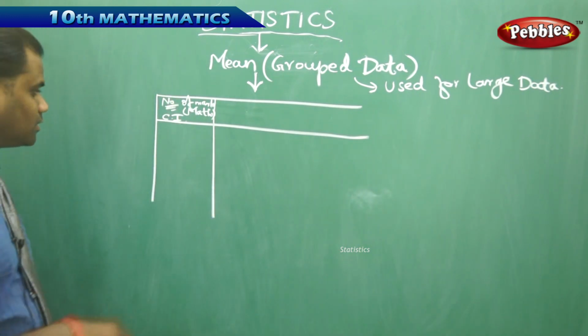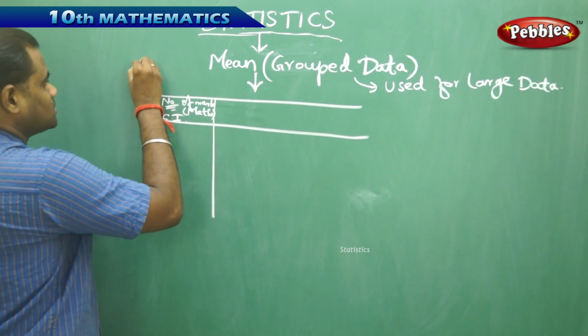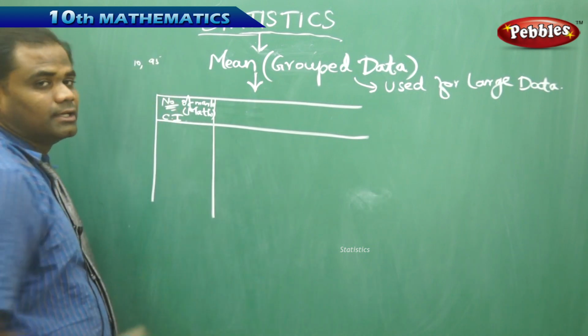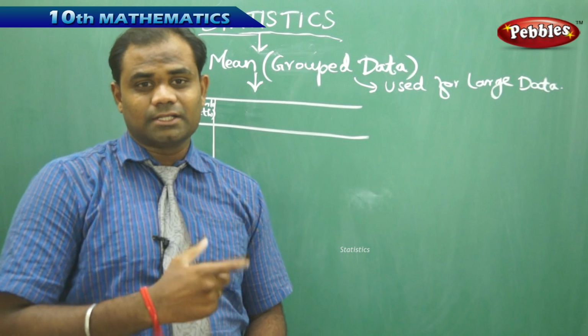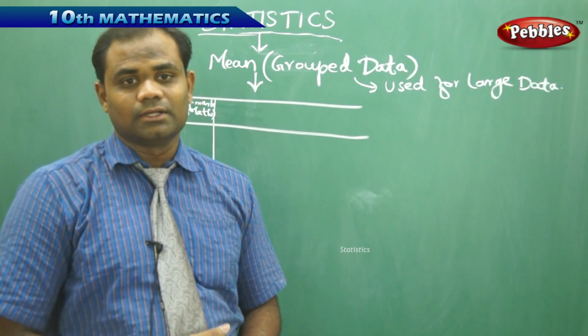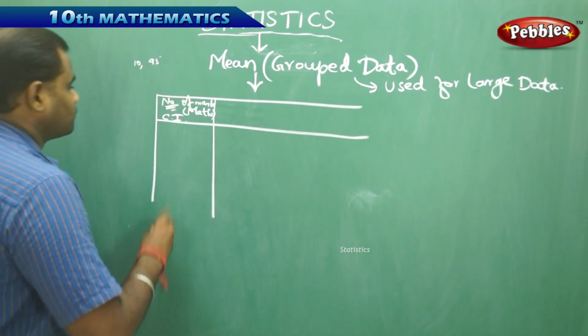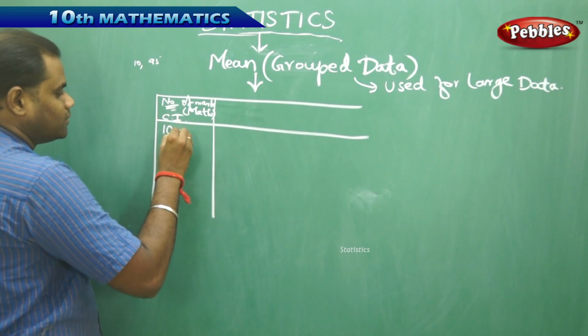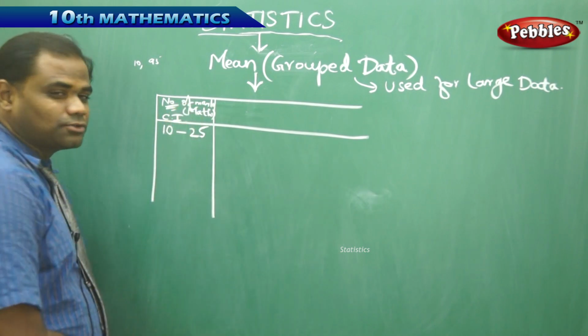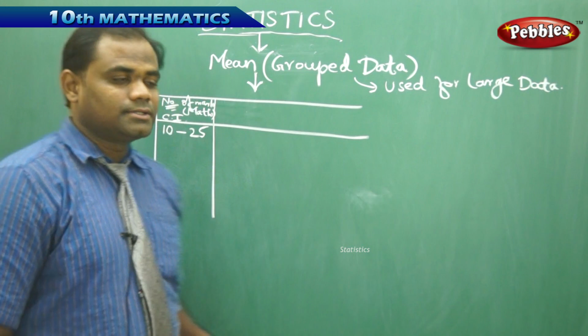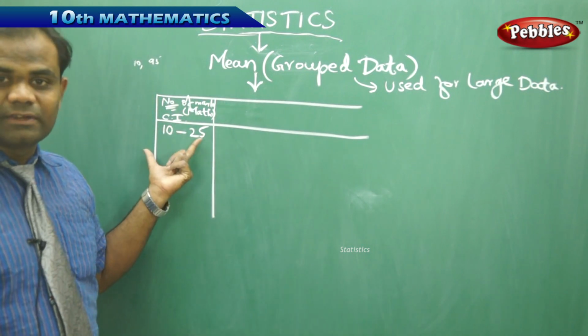Now let me take 15 in number, that is my least marks is 10 and my highest marks is 95, and because the highest marks in mathematics is 100, the paper is for 100 marks. Therefore I group that using 15 in number. So 10 to 25 is between 10 marks and 25 marks. There are 15 in range.